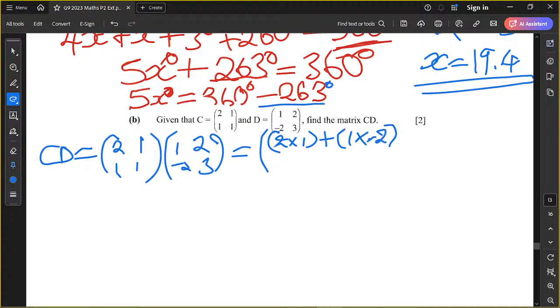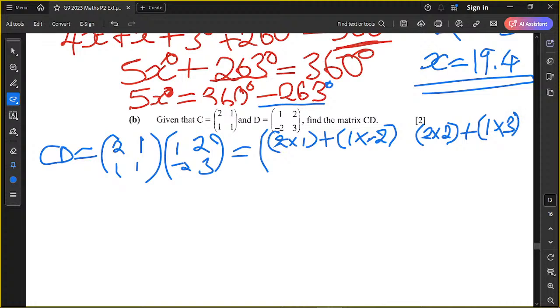This will constitute the number that will occupy position 1 by 1, the first position in our product matrix. Then we open bracket again, and multiply the first row by the second column, which is 2 by 2 plus 1 by 3, and we close bracket like that.